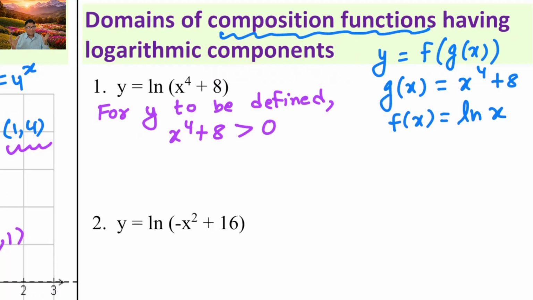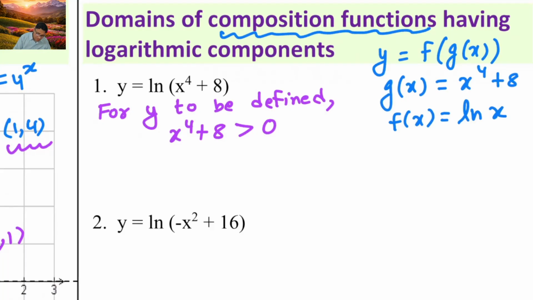That is the main feature of the log function in terms of domain: the domain of log is only positive numbers. So in this case, I won't say x should be greater than 0. I will say what is being fed to the log machine should be greater than 0. So x to the 4 plus 8 should be greater than 0.